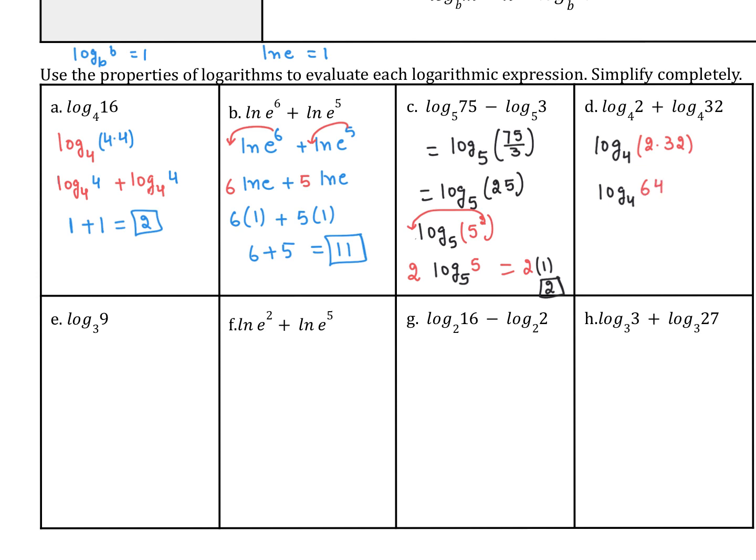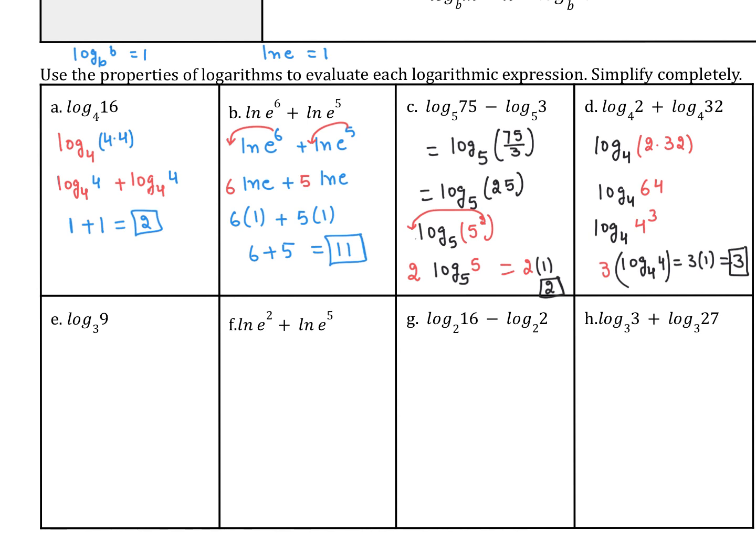And you know that 64 can be written as 4 to the power 3. So you can apply the power property and bring the 3 to the front. Your answer is 3 times log base 4 of 4, and log base 4 of 4 is 1. So your answer is 3.